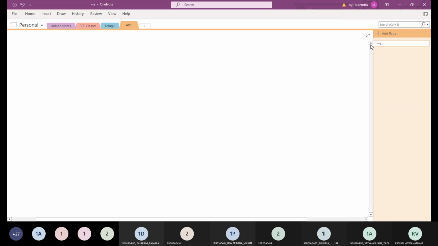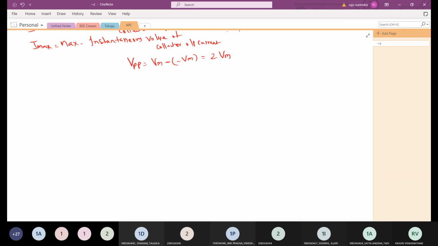Peak to peak value is nothing but maximum voltage minus minimum voltage. What is it? 2 Vm. Is it right or not? Yes, sir. Correct, sir.